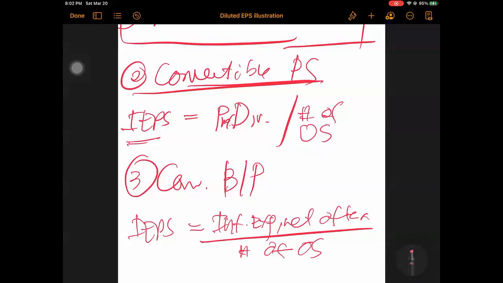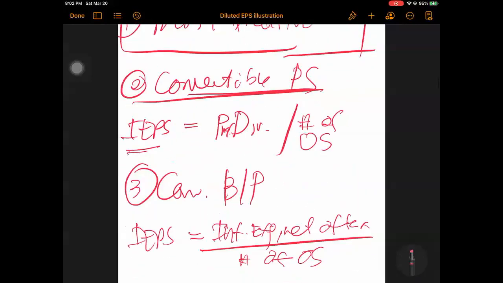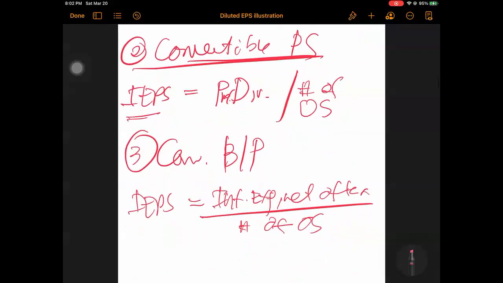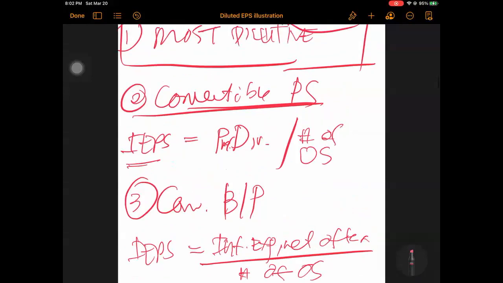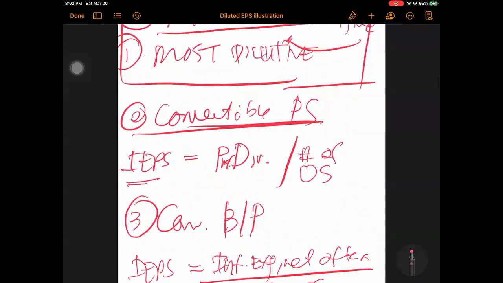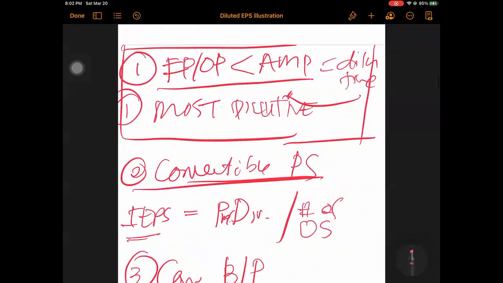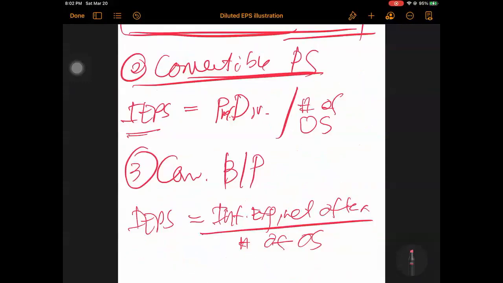So based on this computation of incremental earnings per share, ato silang i-rank kung kinsa ang pinaka-lowest. But normally, if dilutive na si options and warrants, sila na ang number 1. So kanila lang ang maglaban kinsa ang rank 2 and rank 3, your convertible preference share and convertible bonds payable.